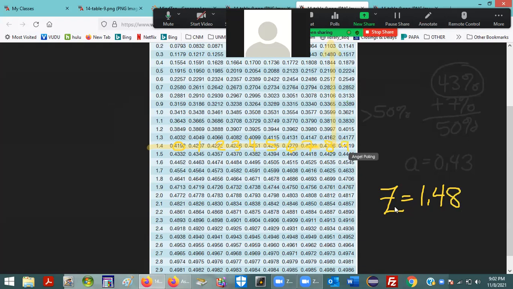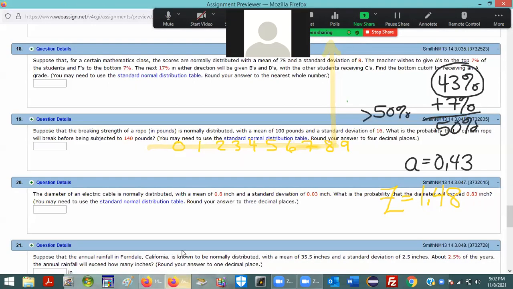Because those are our ending digit in the hundredths location. And so we have 1.48 as our z-score, which, let's see, 1.48. We're on number 18.